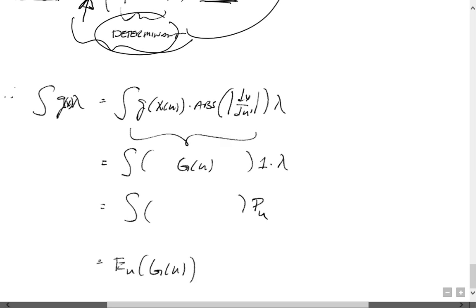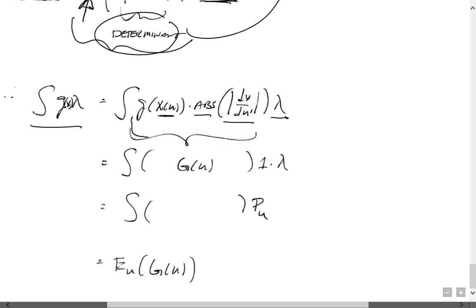So my integral of g(x) with respect to lambda can be expressed as the integral of g(x) as a function of u, times the absolute value of the determinant of the derivatives, and lambda is now applied to the space defined by u rather than x.